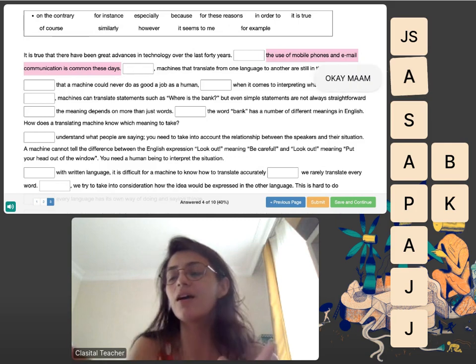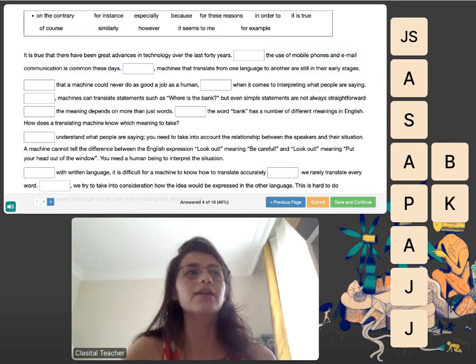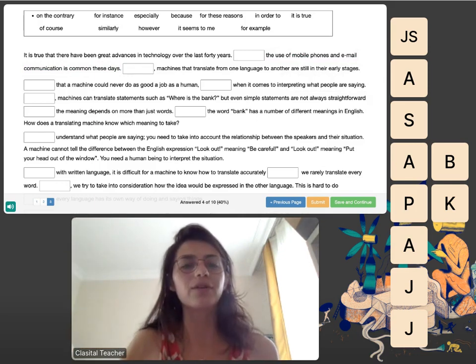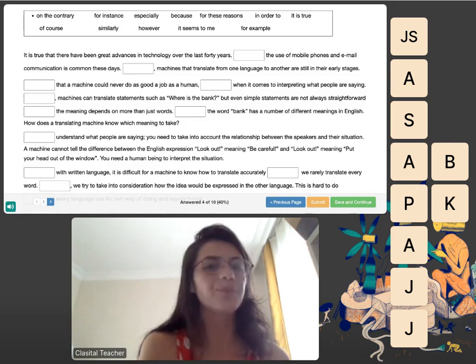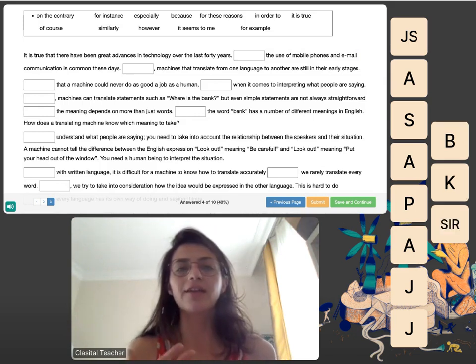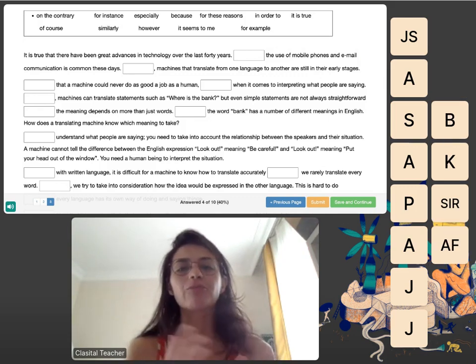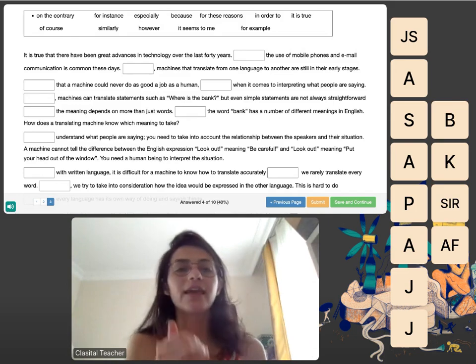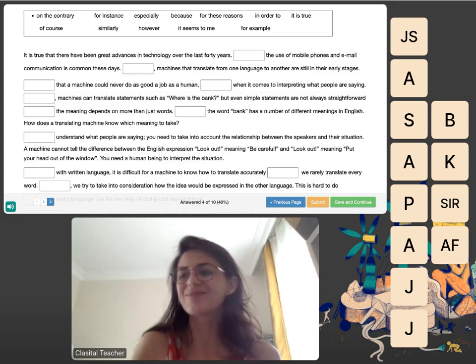We cannot use in order to, because in order to says that we're aiming at something. For example, we can say, in order to pass the IELTS exam, I have studied a lot. In order to needs a verb after it in the first form, verb one. So we can say in order to pass, but we cannot say in order to the use of. We can say in order to use, but that's a different thing, right?